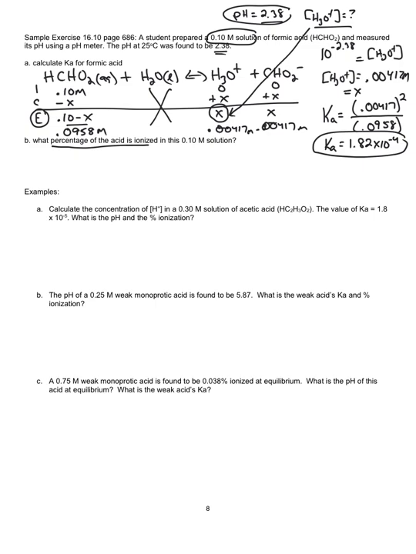All right, letter B, what percentage of the acid is ionized? So, again, the percent dissociation or ionization. Okay, how much H3O plus is in the solution? So what is the amount of H plus in the solution at equilibrium, divided by the initial concentration of the acid, times 100.